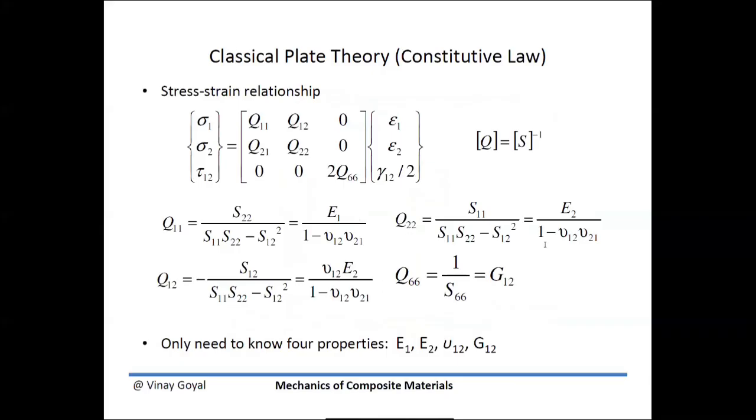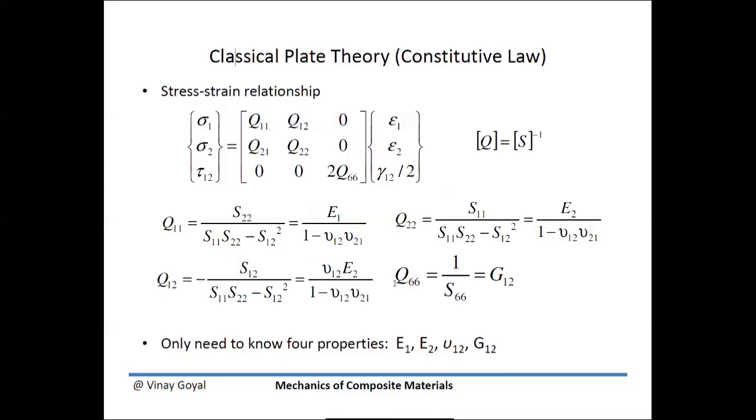And as you know, these 4 properties come from testing to inform the constitutive properties. We had extensive discussions about how these properties can be found. Once you have these properties, you can calculate Q11, Q12, Q22, Q66.